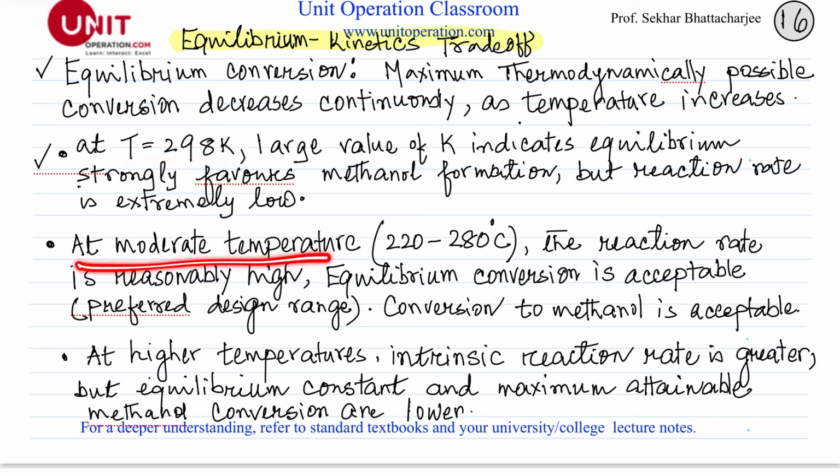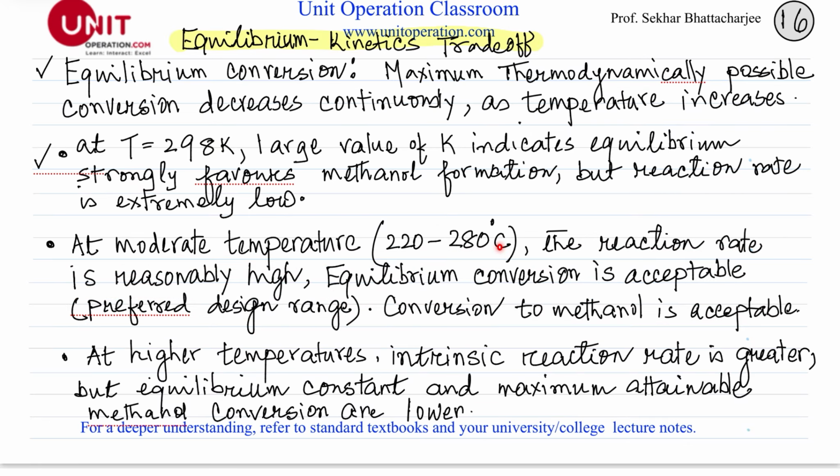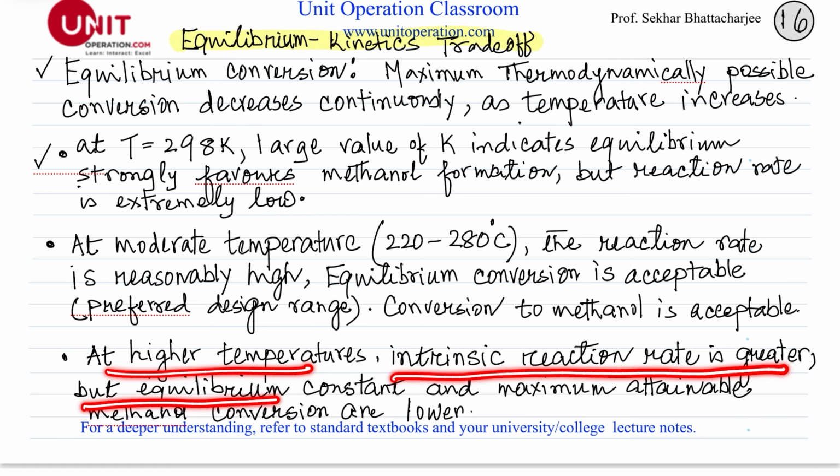At moderate temperatures, around this one, the reaction rate is reasonably high. The equilibrium conversion is acceptable, and conversion to methanol is acceptable. So this is a trade-off. That's how in industry the reactors are designed. At higher temperatures, of course, the intrinsic reaction rate is greater, but the equilibrium constant and the maximum attainable methanol conversion will fall.